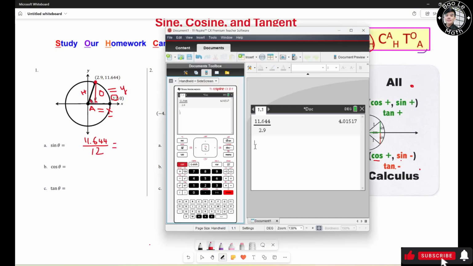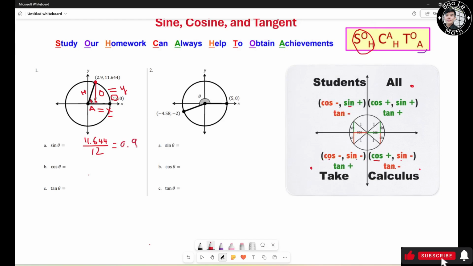So we're going to pull up the calculator. So we have 11.644 divided by 12, right? So it's going to be 0.9703, right? Now cosine theta is going to be adjacent over hypotenuse.